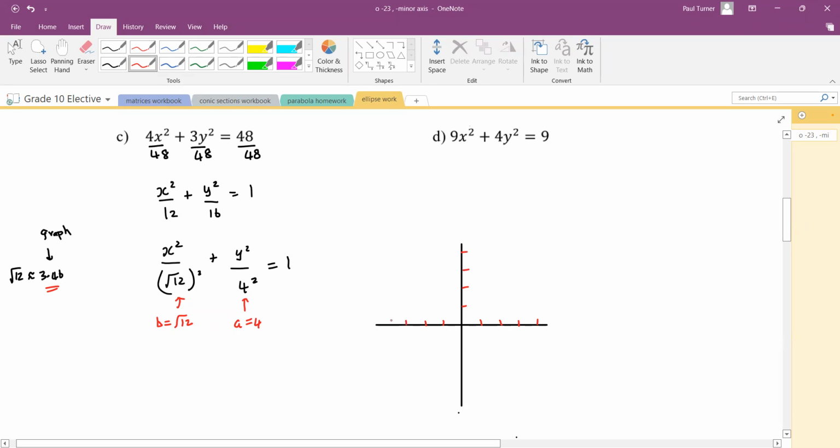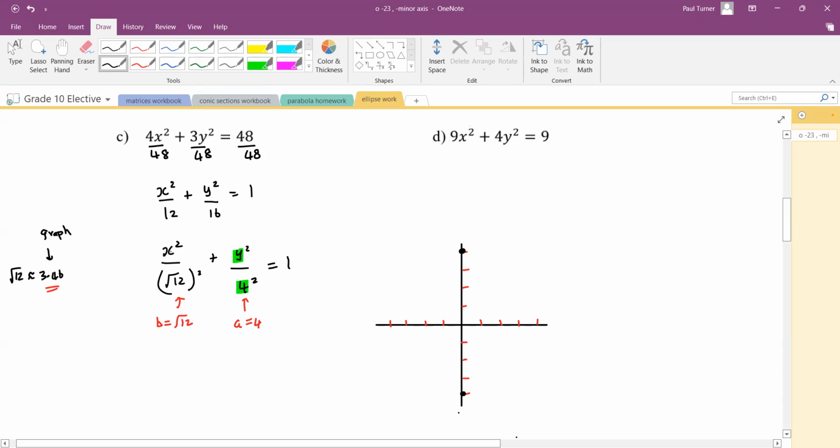On the y-axis, we'll go up 4 units and down 4 units, because this is the major axis. So 1, 2, 3, 4 is here. And then we'll go down 4 units, 1, 2, 3, 4 here.